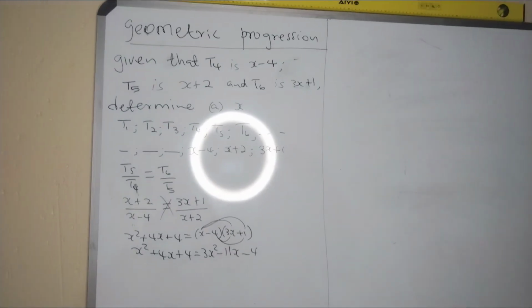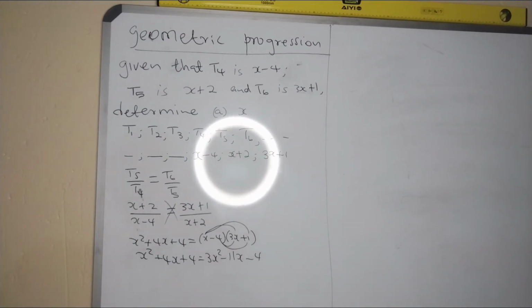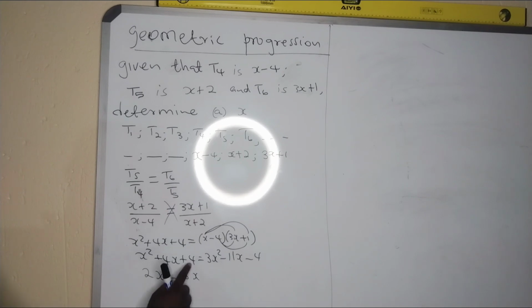So therefore, let's proceed. When you look at this again, you can take these numbers to the other side. It will be 2x squared, minus 15x, and then minus 8, equals 0.